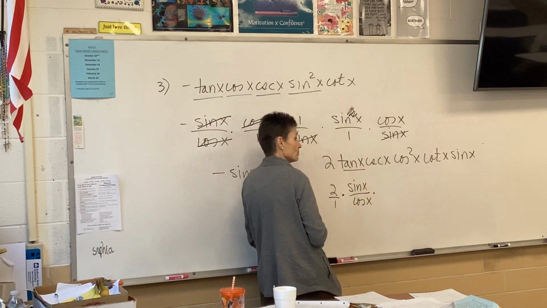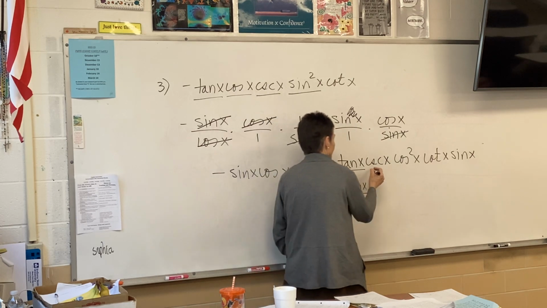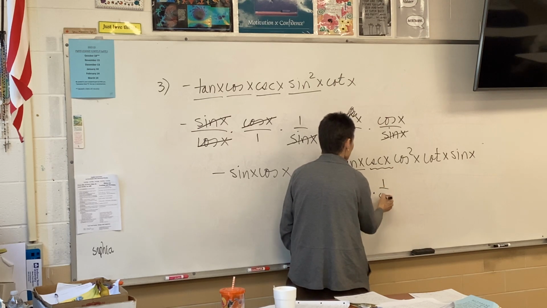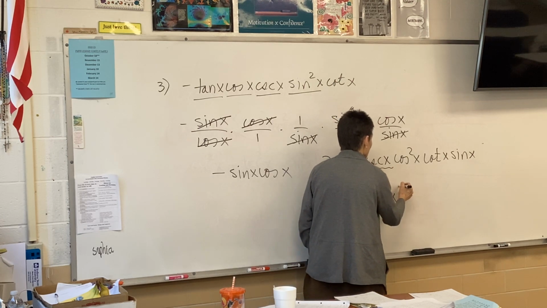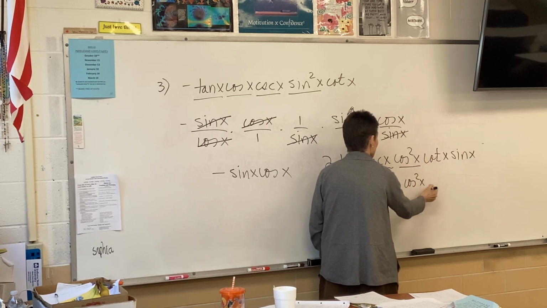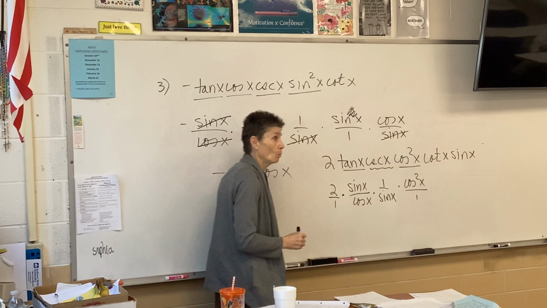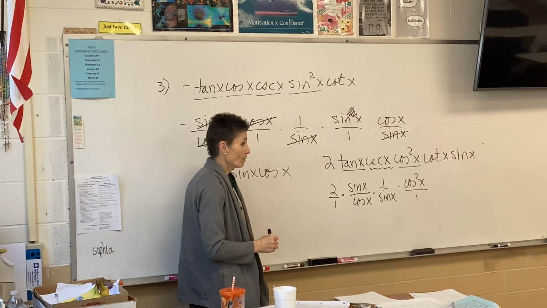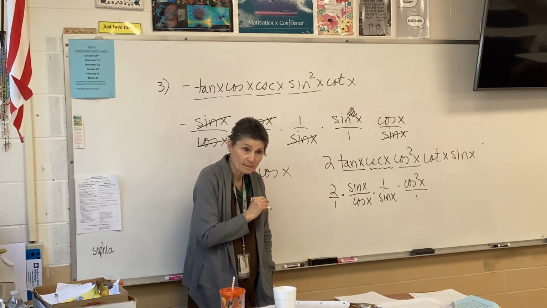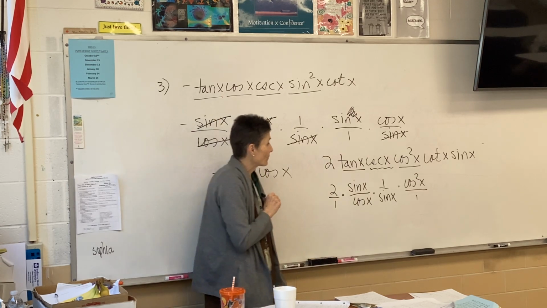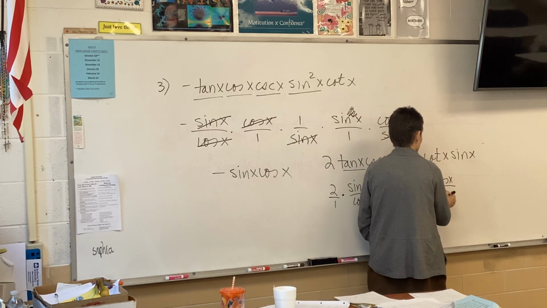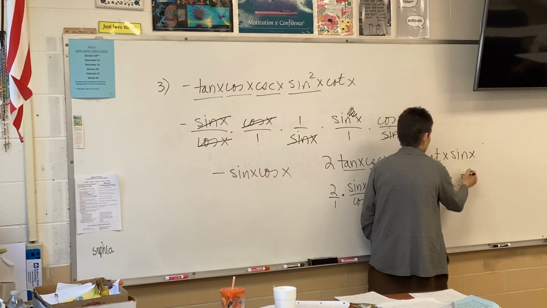How about cosecant? Cosecant is 1 over sine. Now, this guy is a cosine squared. Just leave him cosine squared over 1. Remember, we're changing everything into sines and cosines. All right, cotangent? Cosine over sine. And then we have our sine over 1.